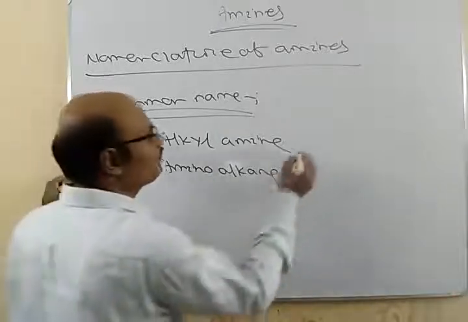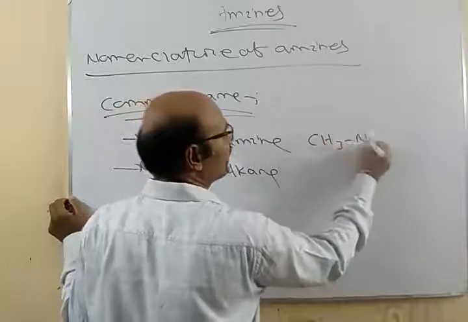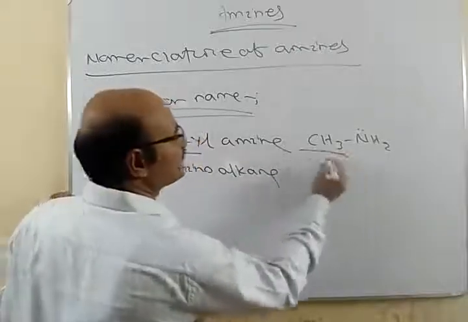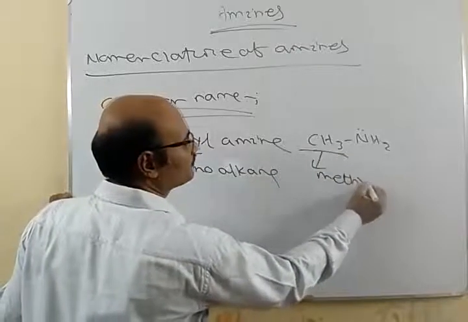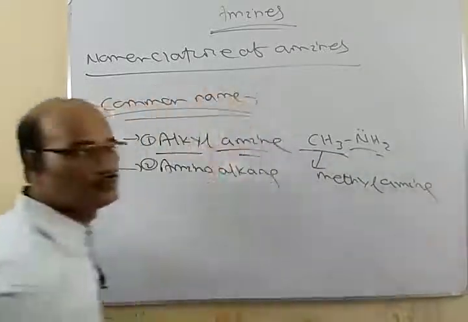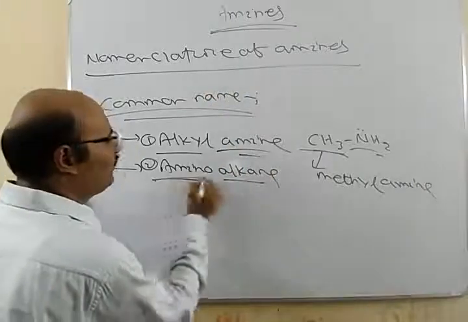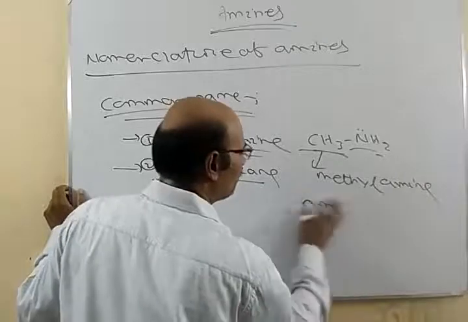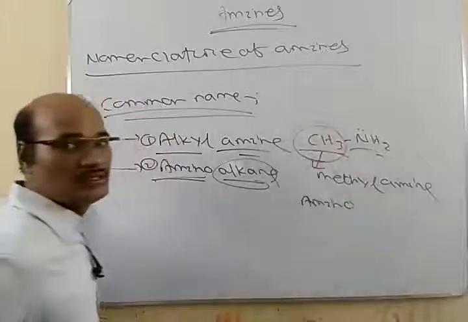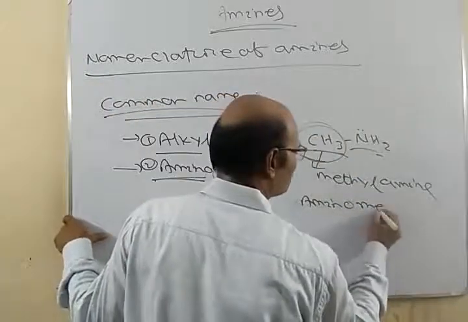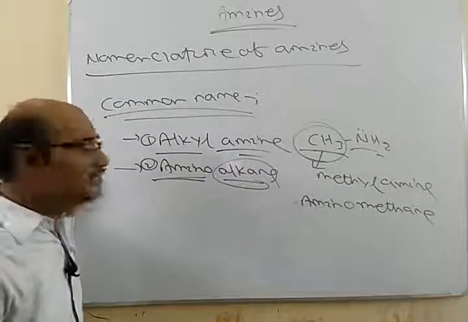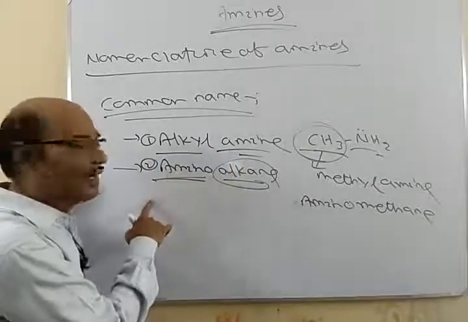For example, if I have CH3NH2, the alkyl CH3 is methyl, and with amine, it is methyl amine. Similarly, aminoalkane: amino, with the alkane here being CH4, that is methane, aminomethane. So the common name of amines can be either alkyl amine or aminoalkane.